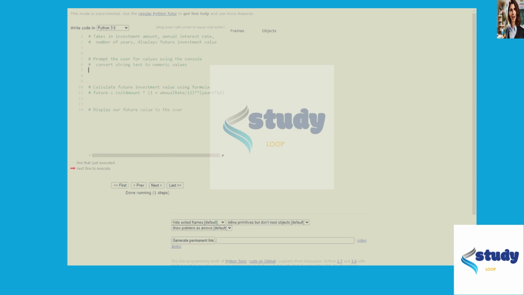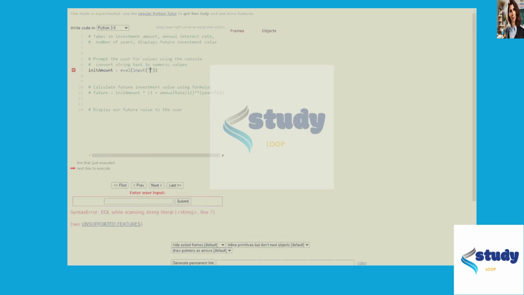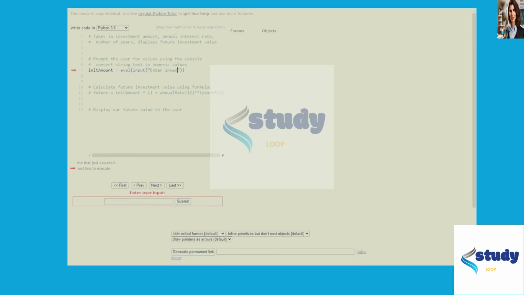So first, let's prompt. They give us an example. We're going to get our initial amount through the message, using eval to turn that input from the console into an integer. But we're going to give them the message just to enter the investment amount. I guess we could assume putting in the proper currency.